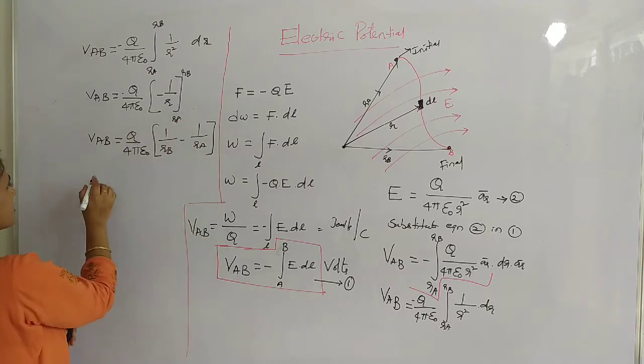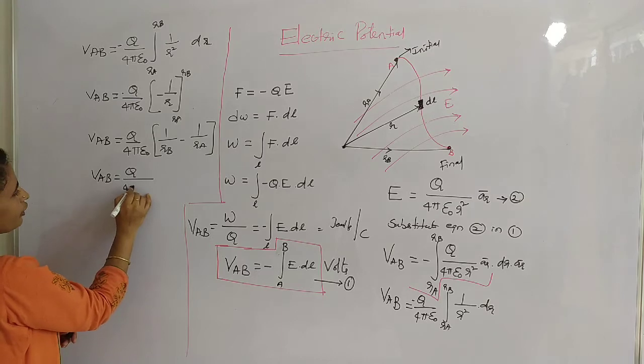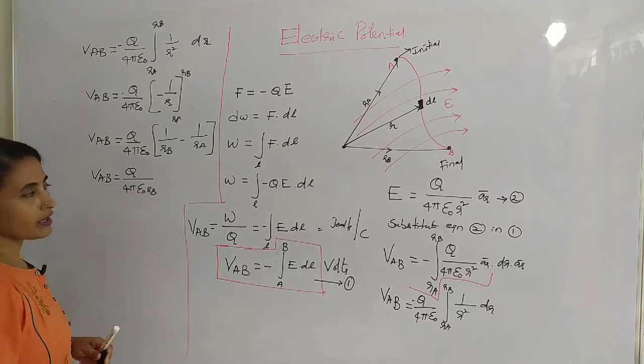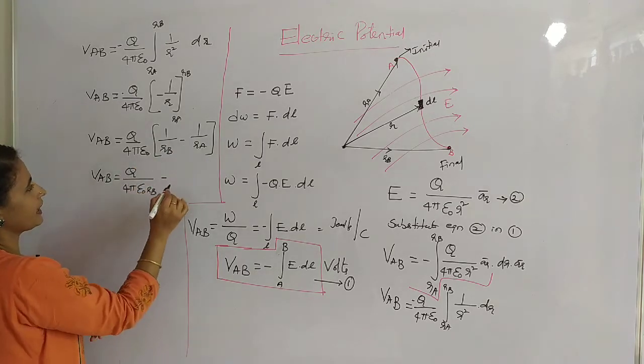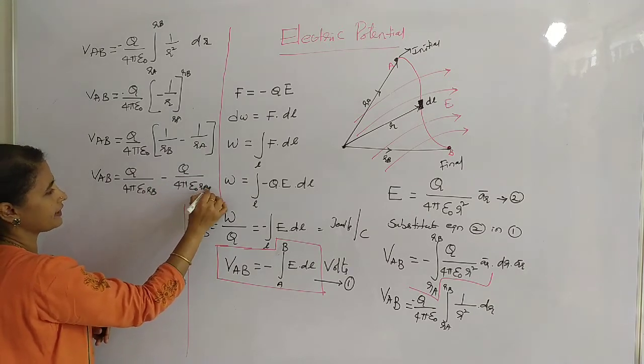Let us take this one inside. So VAB is given by Q by 4 pi epsilon naught RB minus Q upon 4 pi epsilon naught RA.